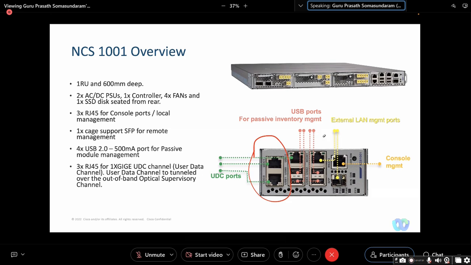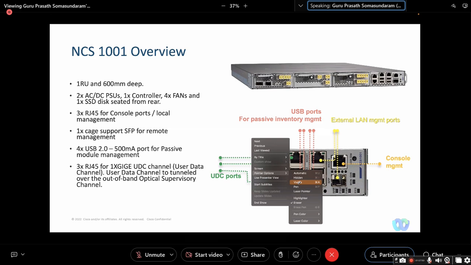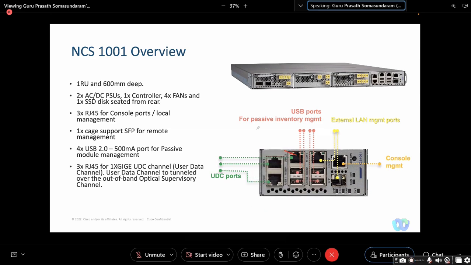But here one more port is showing, the third port. That one is an optical SFP, and two are RJ45. Let me tell you clearly. You can see this one and this one; these are all UDC ports.